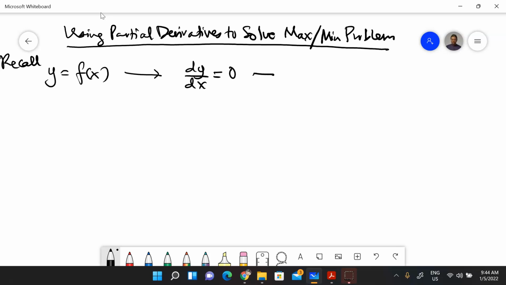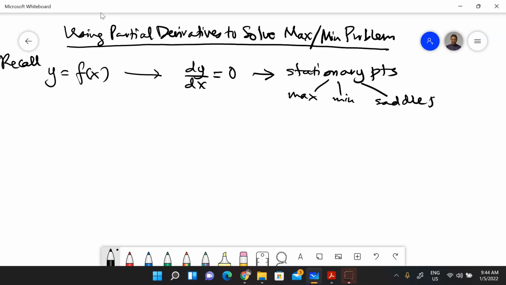What you get, if you solve this, is what we call the stationary points. This is much more general, which could be a maximum or minimum, or a saddle point. I think you have done this even in high school, so I do not need to. This corresponds to something like this, and this corresponds to something like that, and then this corresponds to something like that.